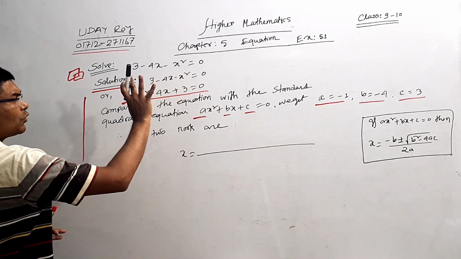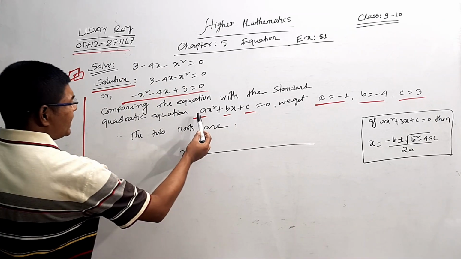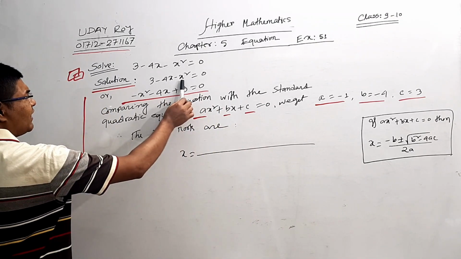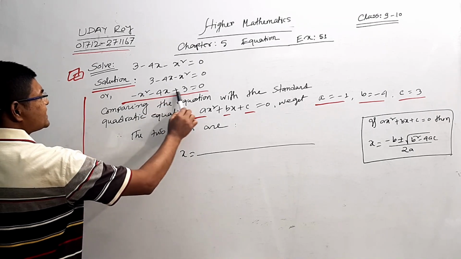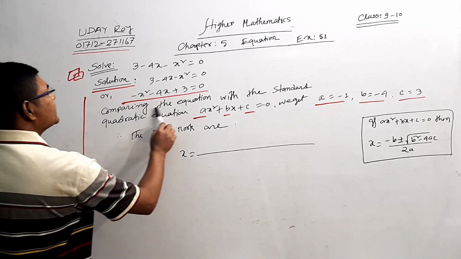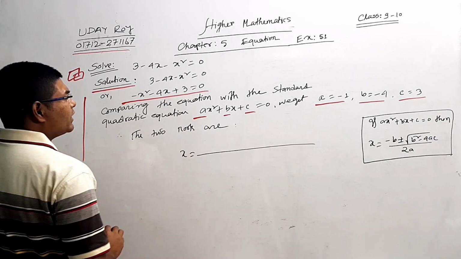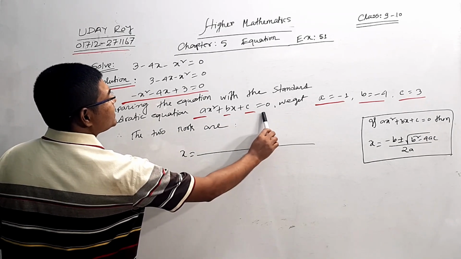You have to write down the equation at first. Then rearrange to ax square plus bx plus c equal to 0, so x square first: minus x square minus 4x plus 3 equal to 0. Then write comparing the equation with the standard quadratic equation, ax square plus bx plus c equal to 0.